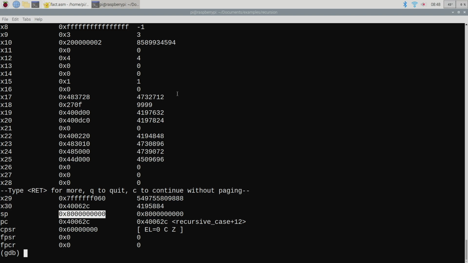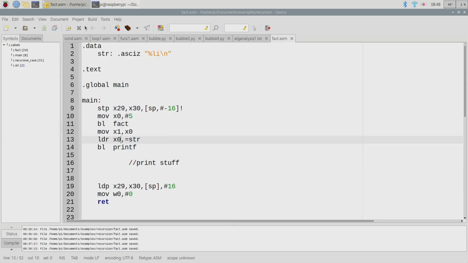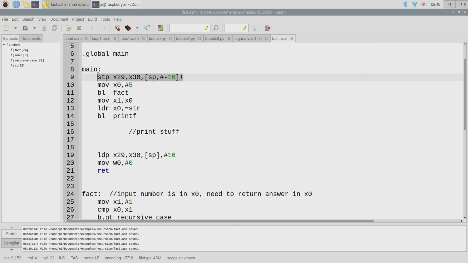All right, so how do we fix this? Let's look back at our main program. What was the first and last thing we did in a program? We stored the pair x29 and x30 to the stack, and what did we do at the very end of the program? We had to pop it off the stack.